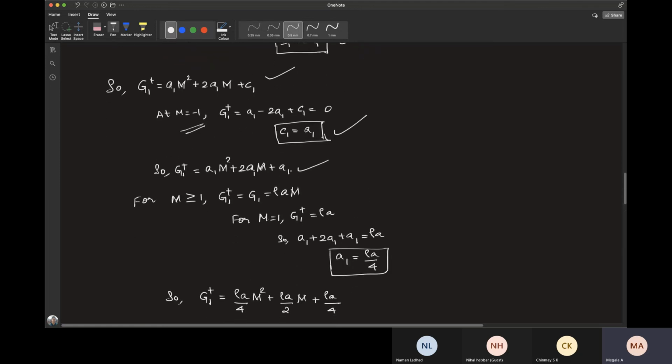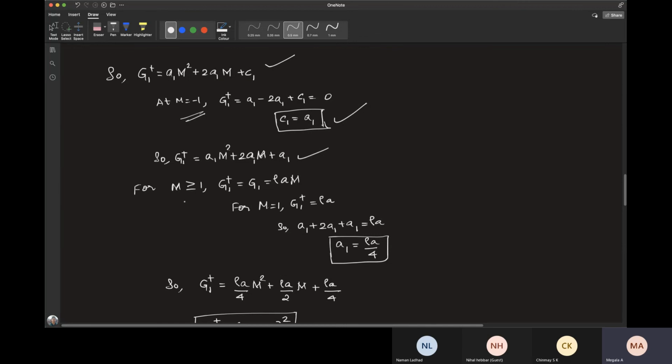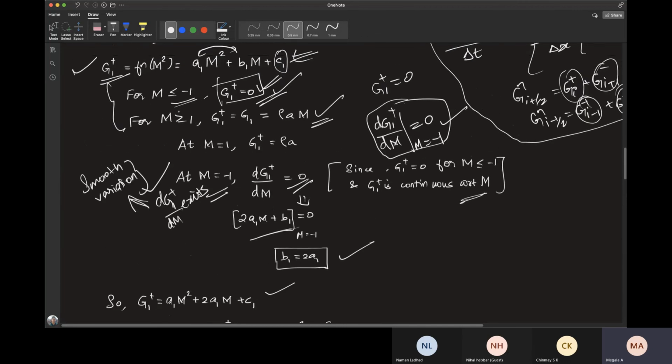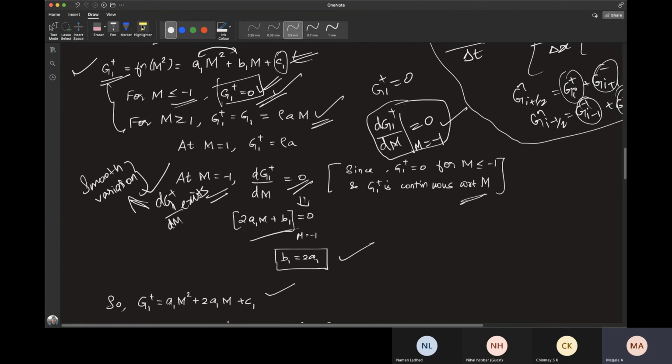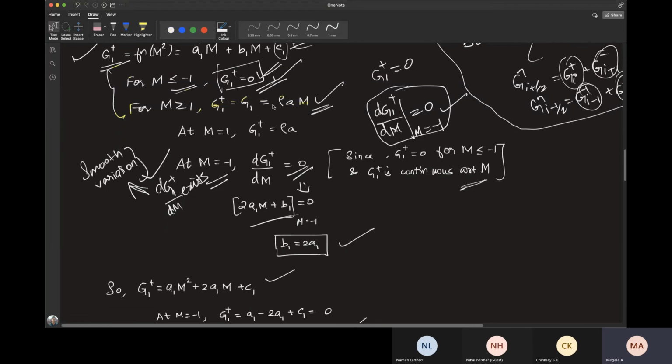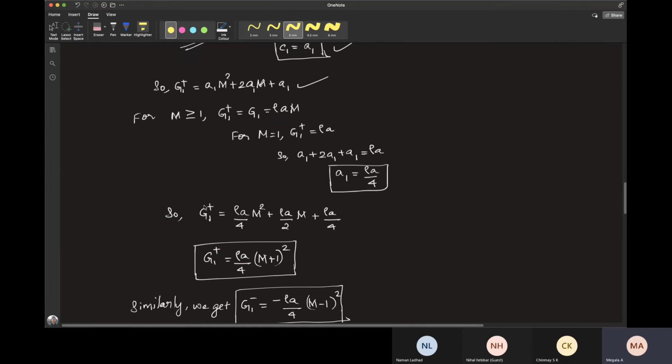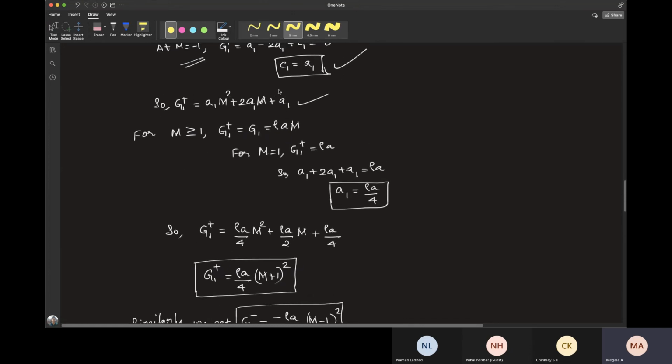For that you could use the other condition. For m greater than or equal to 1, we had these two conditions for supersonic flow conditions. We are using essentially these two conditions to do everything. So for m greater than or equal to 1, we have G1 plus to be rho a m.